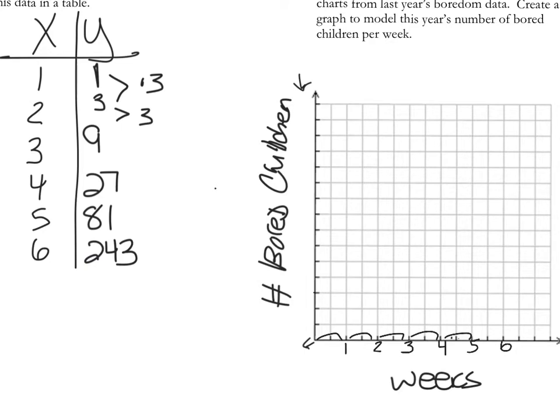Okay, let's do every 2 is about 20. 2, 4, 6, 8, 100, 120, 140. This would be at 160 up here. It's a long ways between 250, isn't it?